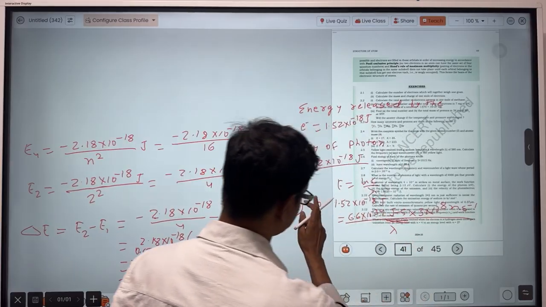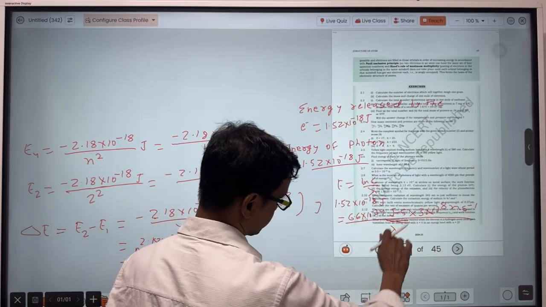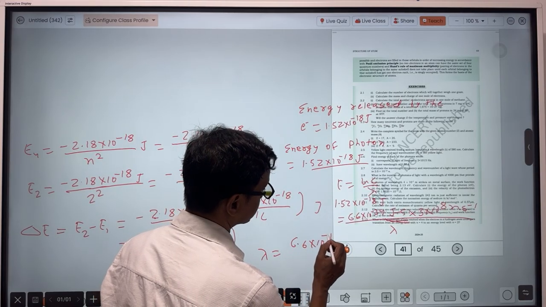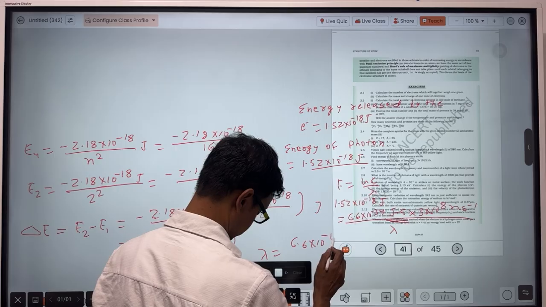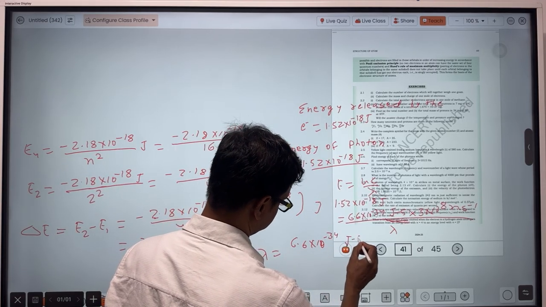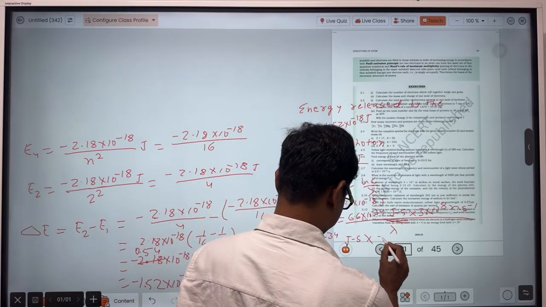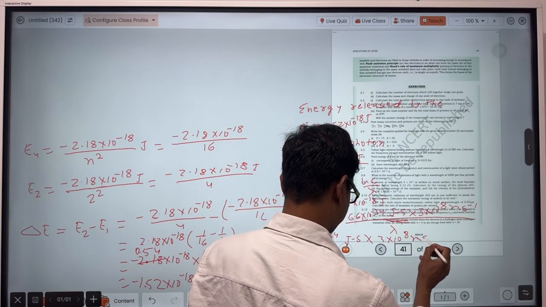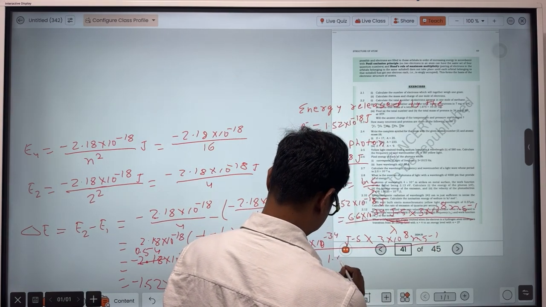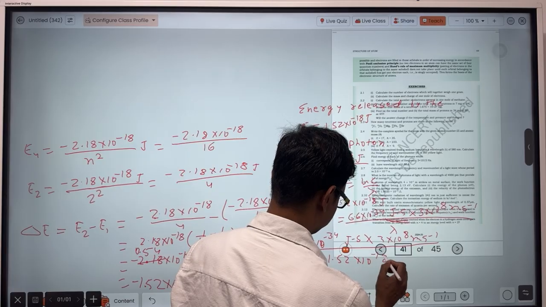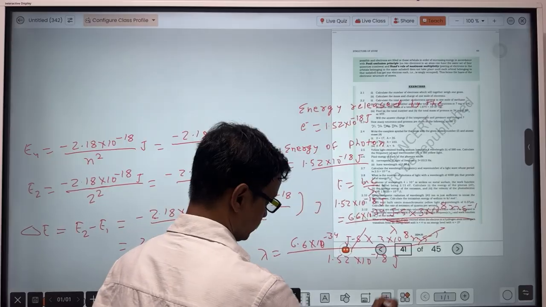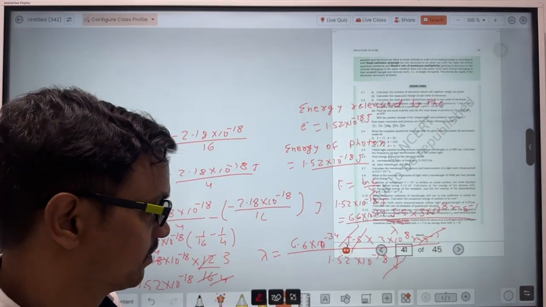So lambda will be equal to hc upon energy. Second and second inverse cancel out, joule and joule cancel out, so only meter is left.